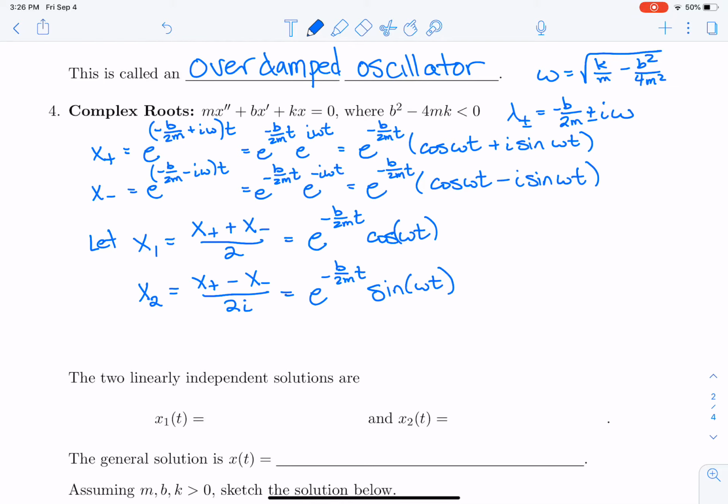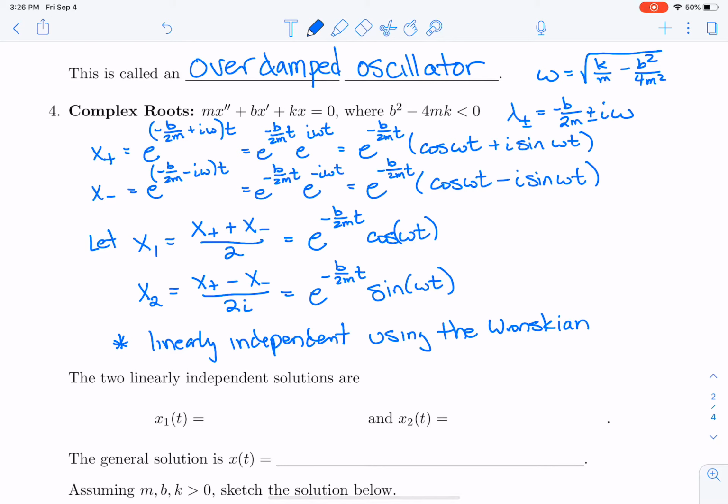And so what I have here are two solutions. These two solutions are linearly independent. You can show that using the Wronskian. So I have two of them. They're linearly independent using the Wronskian, so therefore they span.